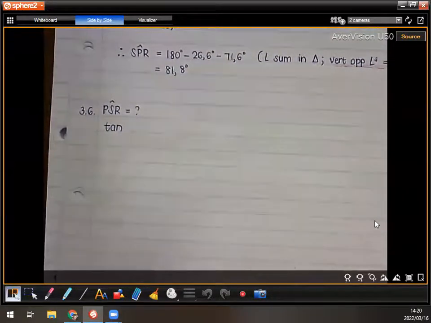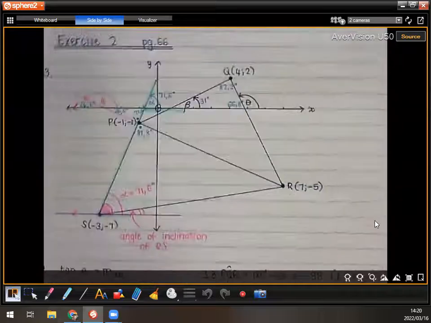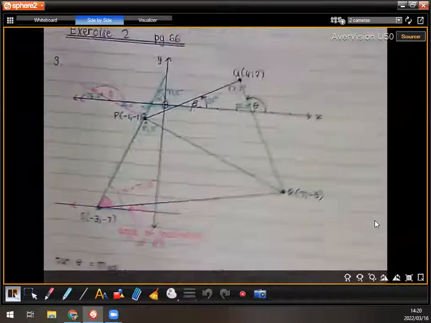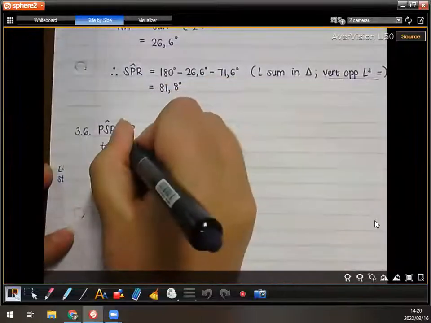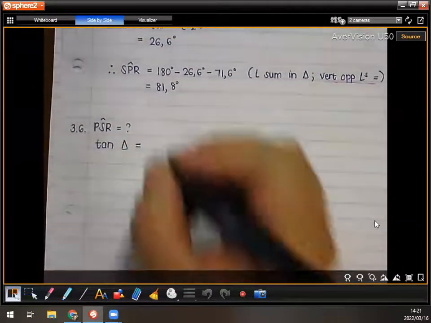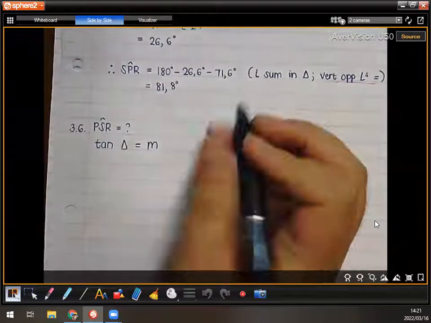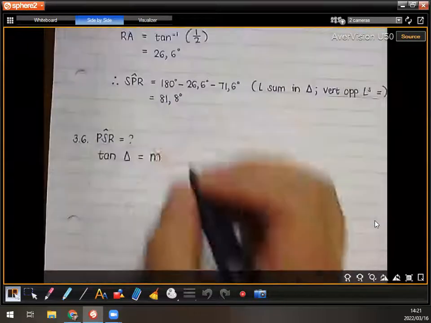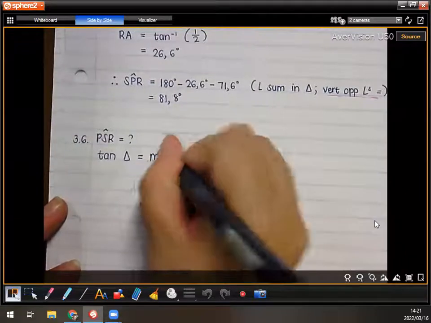Tan of, okay, how do I put it? Triangle. Okay. Tan of delta, yes, thank you, is equal to the gradient of, and what is that line now? Rs. Okay, to find this little angle, the gradient of Rs.